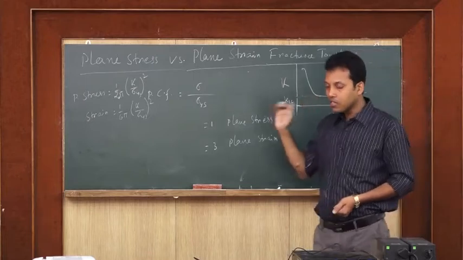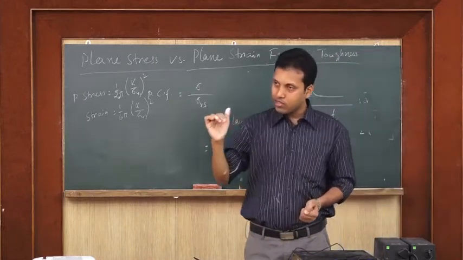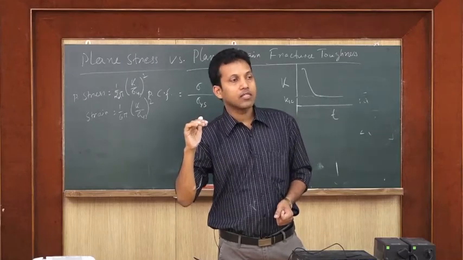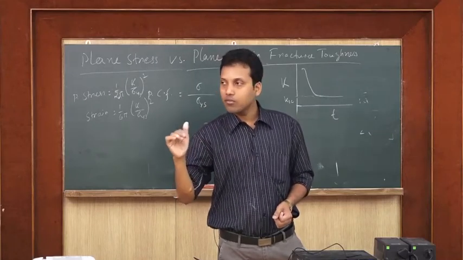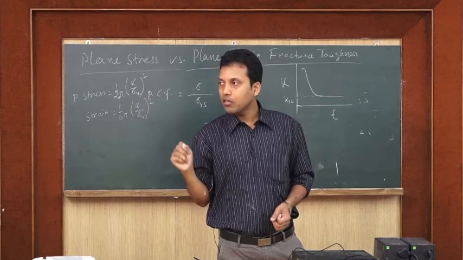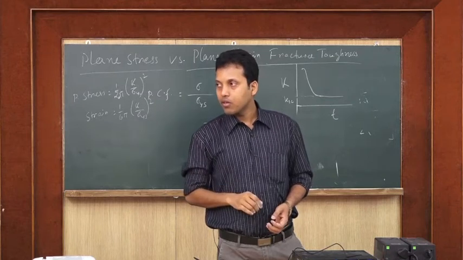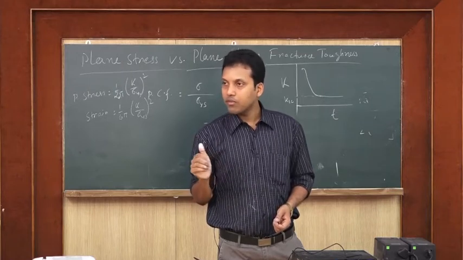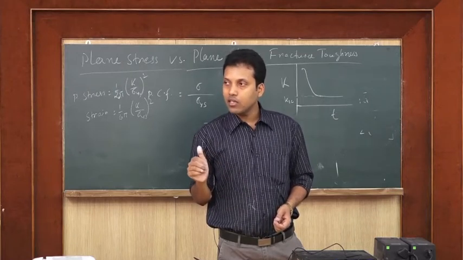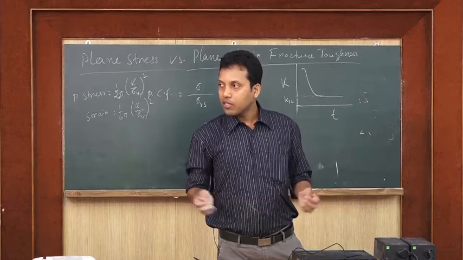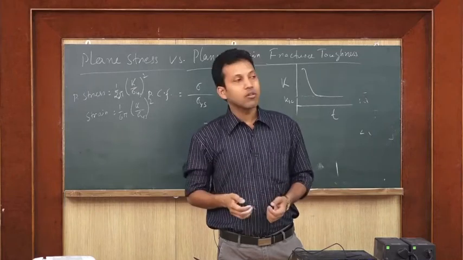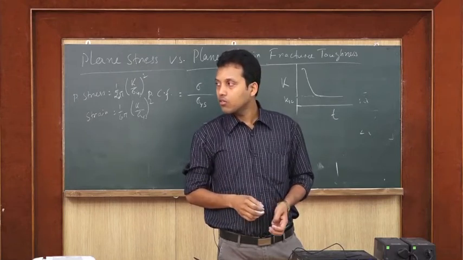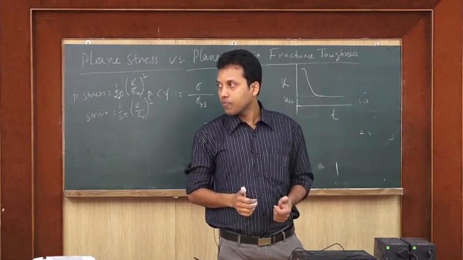So, for any design, if I take that level as the fracture toughness limit, I can say that fracture toughness does not vary beyond that. This is the plane strain fracture toughness of a material, which does not change even if I vary the thickness. Above that, all the other values are plane stress fracture toughness.